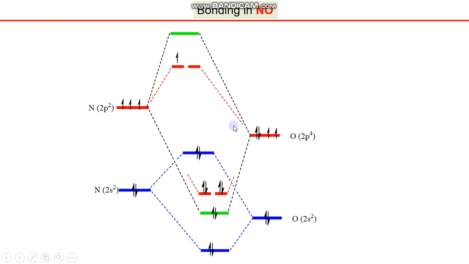Now coming to HOMO and LUMO orbitals, we put the energy axis here, and energy increases upward. So these are the orbitals which are completely filled, and we arrange these orbitals in order of increasing energy, so energy increases in this direction. This orbital has the lowest energy, and this orbital has the highest energy.